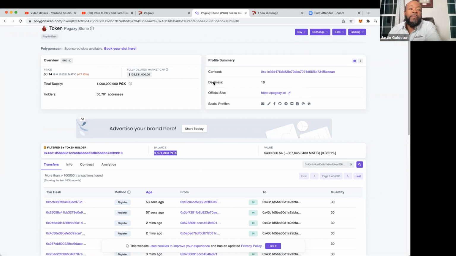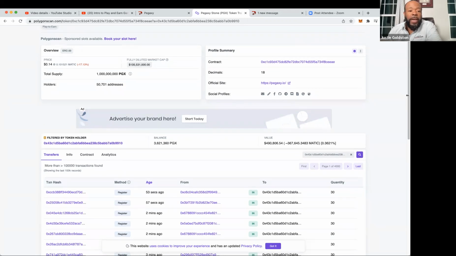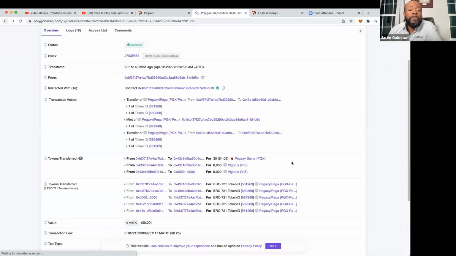So every time a Pega is bred, or a baby Pega is born, if you will, then those 30 PGX tokens will actually go to this contract. Right. And these governance tokens, again, are used for issuing proposals. They're for voting on the future of Pegasy. So I just wanted to show you, let me go back here.